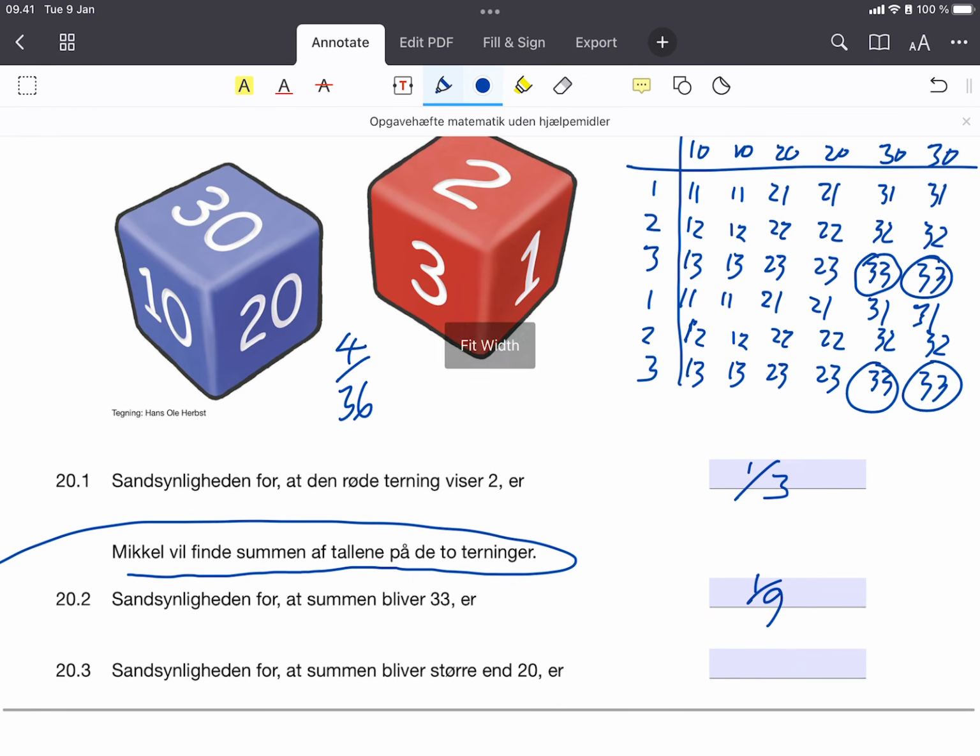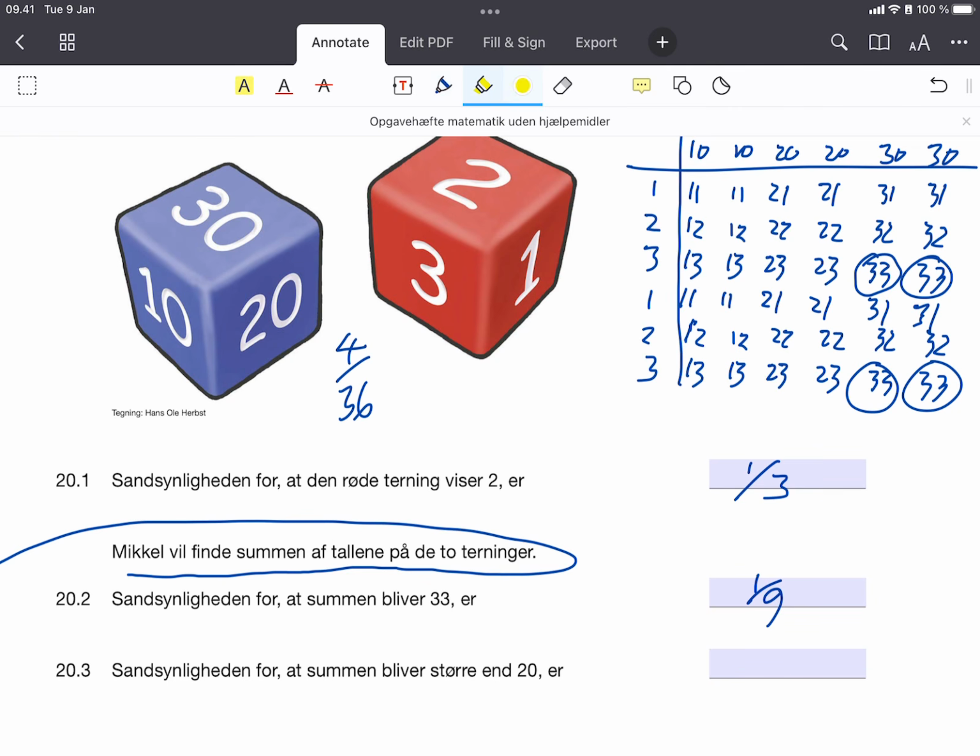And then the chance of the sum being greater than 20. Well, again, we can just look at our table of all the possibilities. Ways we get greater than 20, all of those.